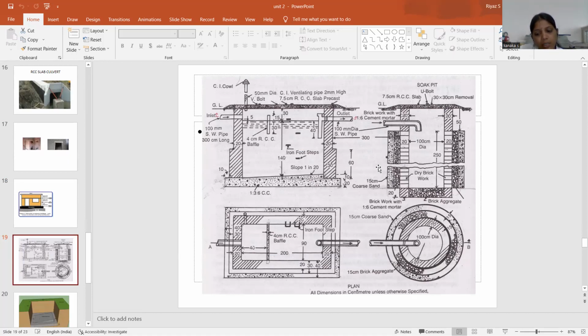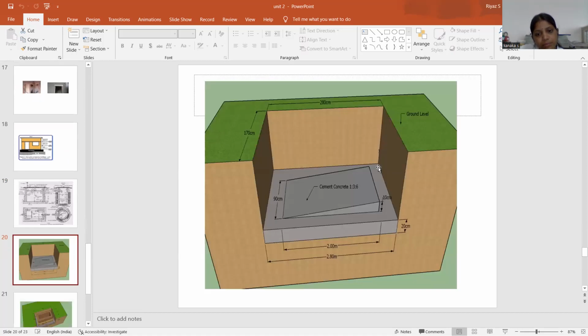This is the cross section of the septic tank. The length is 280 centimeters and the breadth is 170 centimeters. This is the ground level. The bottom portion is cement concrete 1:3:6. Cement concrete 1:3:6, breadth is 90 centimeters and the depth is 10 centimeters.